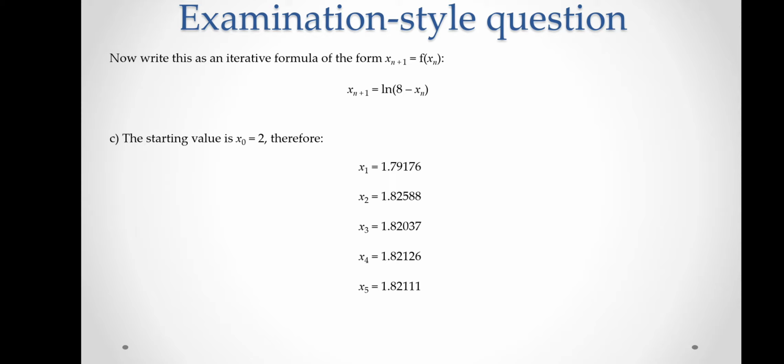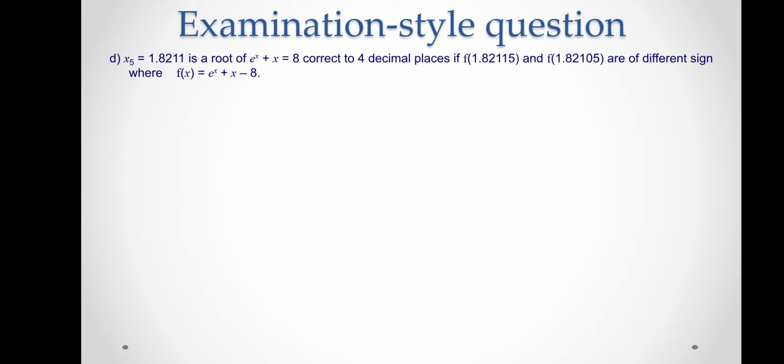So when you find x3, x4, x5, you can see 1.82037, 1.82126, 1.82111. So then x5 is equal to 1.8211, which is a root of e to the power x plus x equals 8 correct to 4 decimal places.